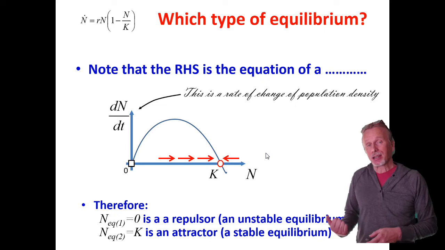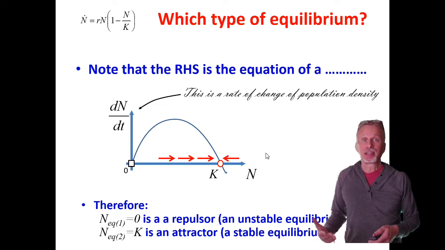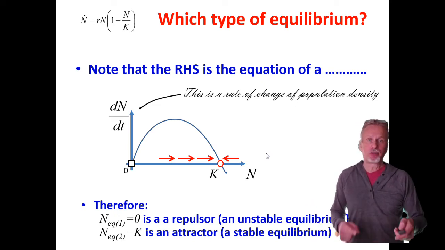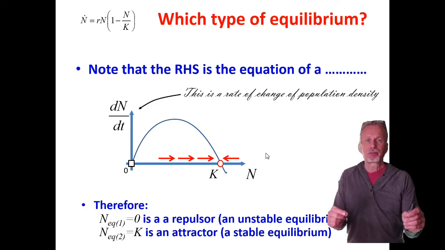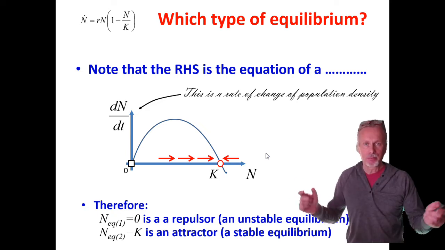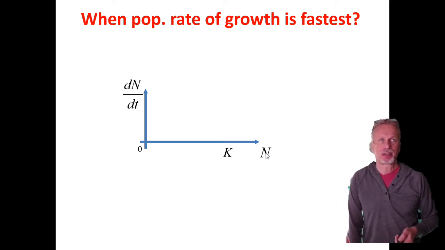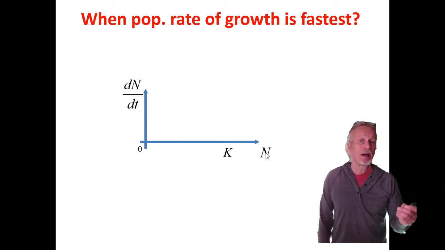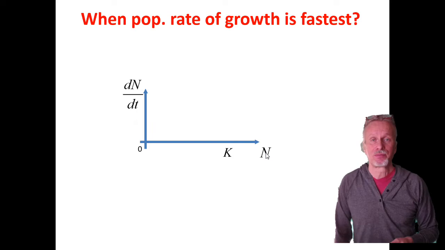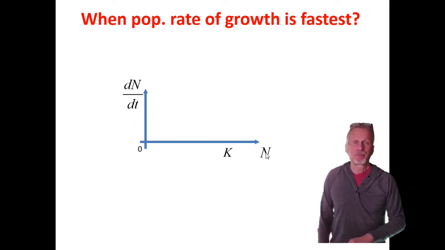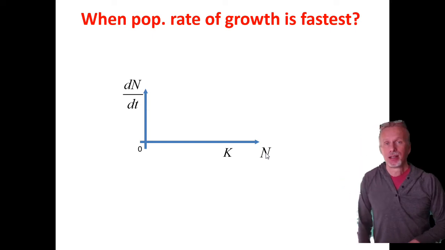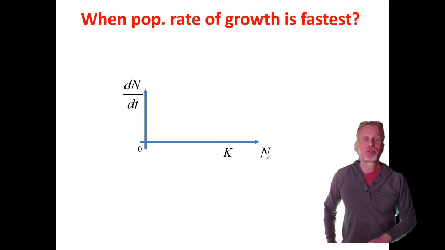On the other hand, K, the carrying capacity, is an attractor, and it turns out to be a stable equilibrium, because if there is a perturbation with respect to the carrying capacity, the population will tend to the carrying capacity.